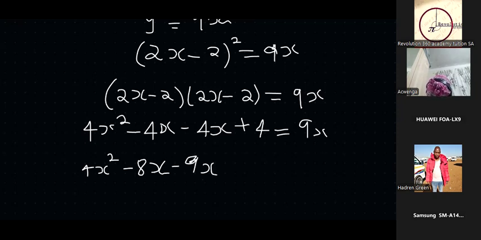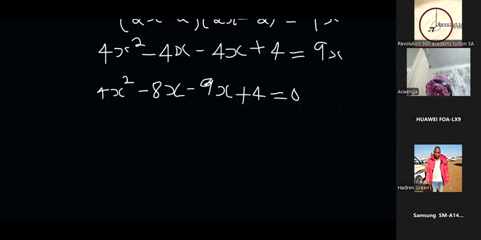So we'll factorize. If you don't know how to factorize, use the quadratic formula. So that is going to be 4x squared, minus, I think that's 17. Yes, it should be minus 17x plus 4 equals 0.